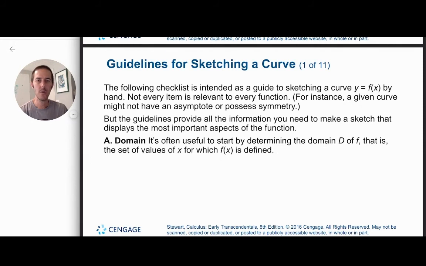And then I will also make a video where I go through from scratch some problems that are from a different online software. And I'll go through and talk about the thought process involved in order to graph those curves using the processes and tools and strategies that are discussed here in Stewart's notes.